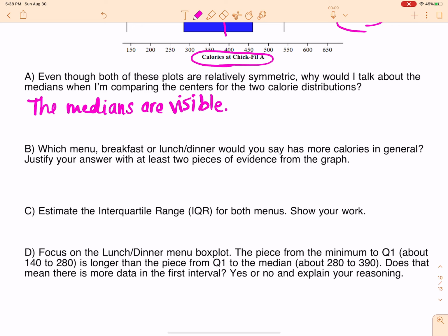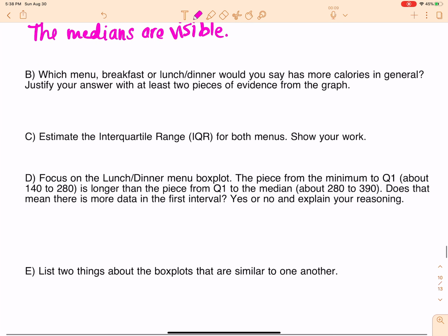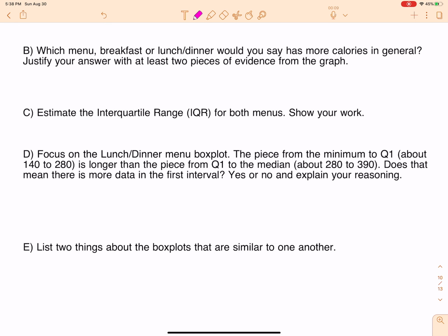A visible measure of center is always preferable over one that you have to estimate. So the medians are visible and therefore it is appropriate to talk about them, even though they're symmetric. Remember, statistics is gray area math. There's never just do it this way every time.